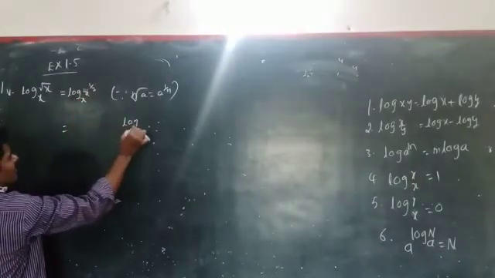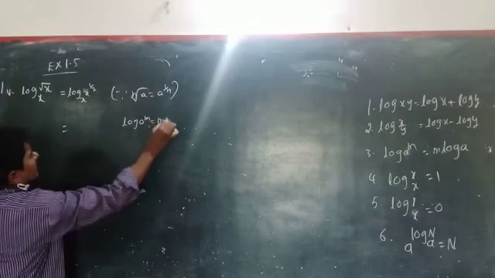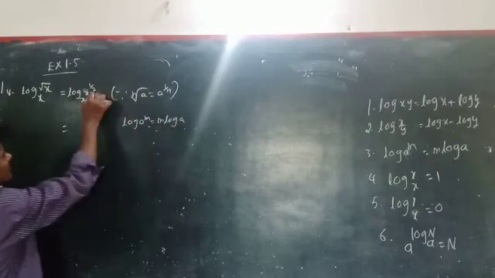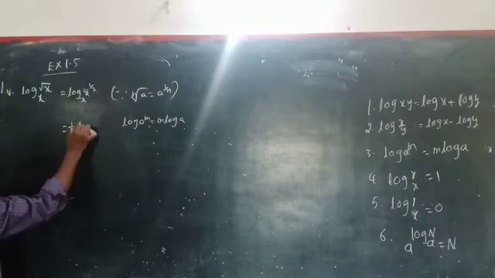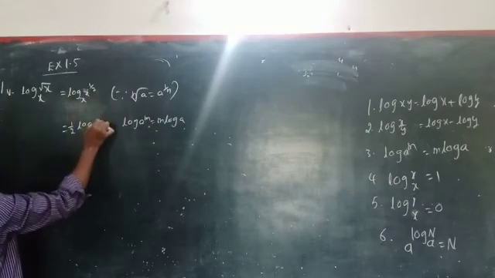So log a to the power of m is equal to m log a. Where m is 1 by 2, it is 1 by 2 into log x base x.